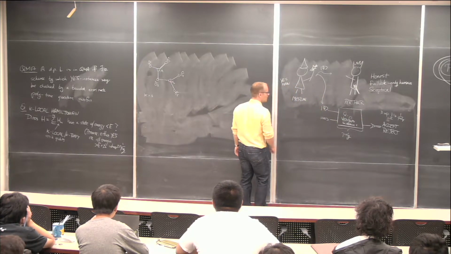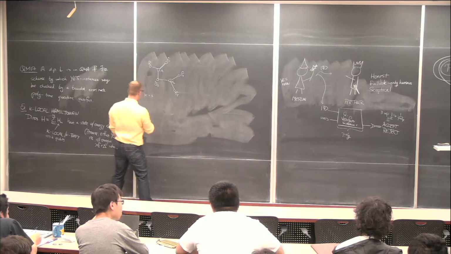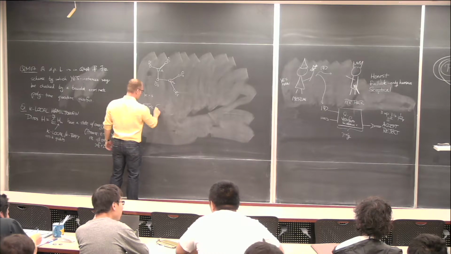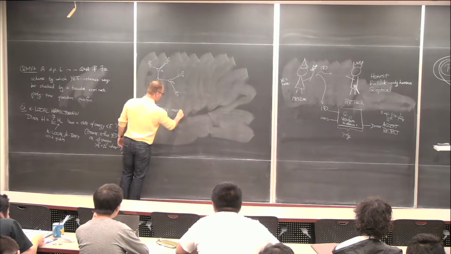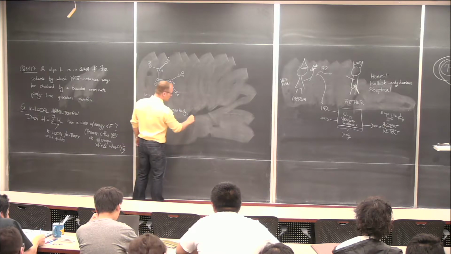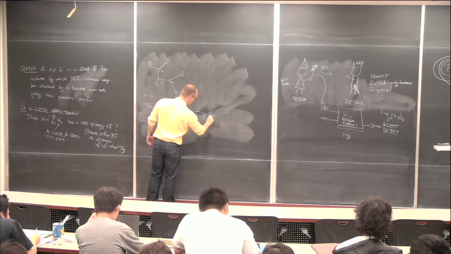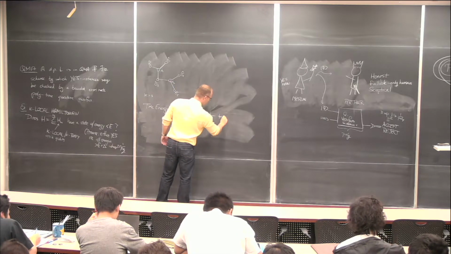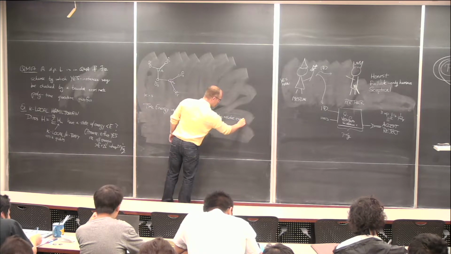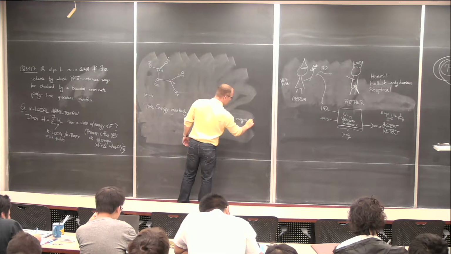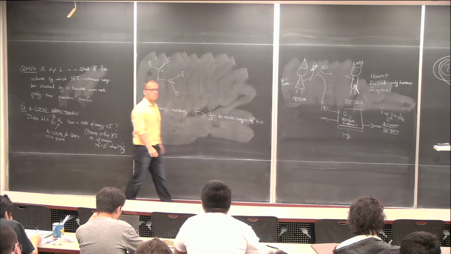Time-energy uncertainty means that it will take t greater than of order 1 over delta to resolve energies that are different by delta, right?